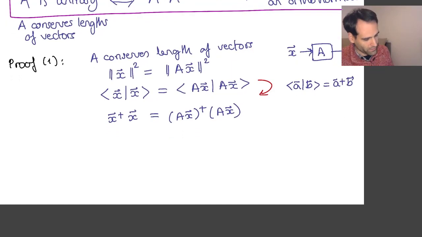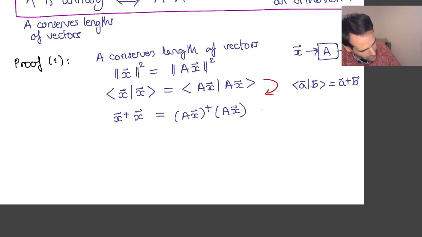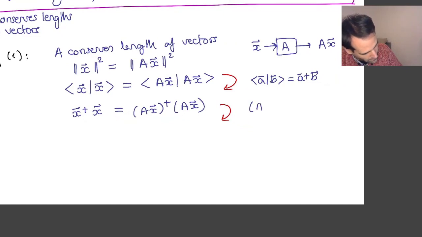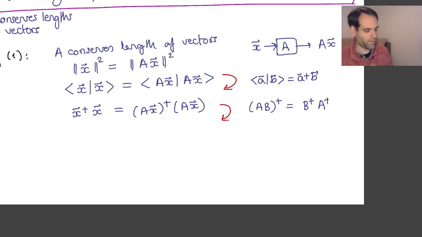Now we apply the properties of the dagger operation. In particular, remember that (AB) dagger is equal to B dagger times A dagger. Remember that we had to flip when we apply the dagger inside the parentheses. Yeah.